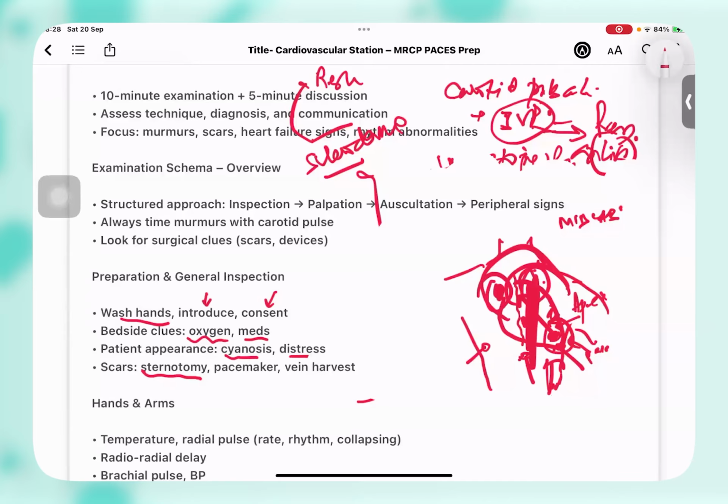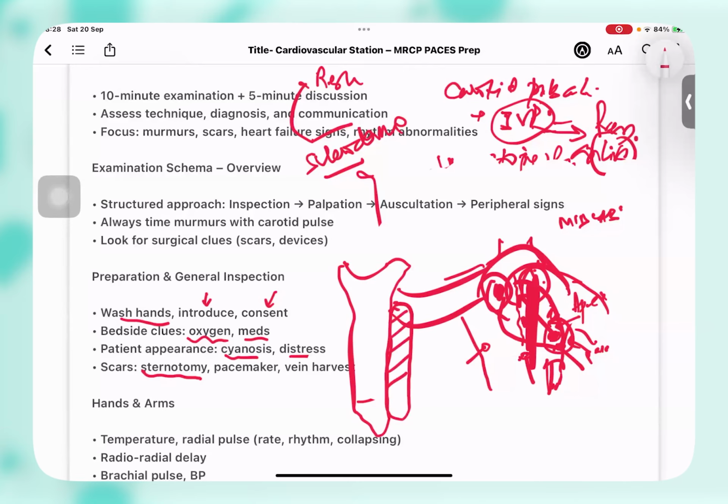So the heave is present on the, so this is the sternum, these are the ribs. So parasternal heave is felt on the left side of the sternal border and right side of the sternal border with the ulnar border of your hand. It's like karate, like we do karate.